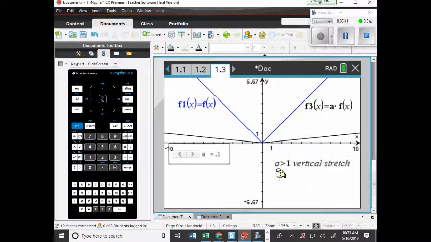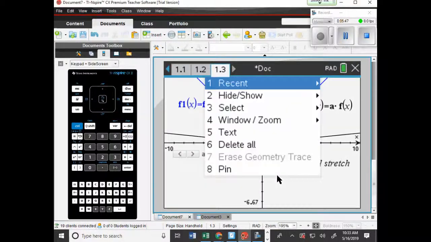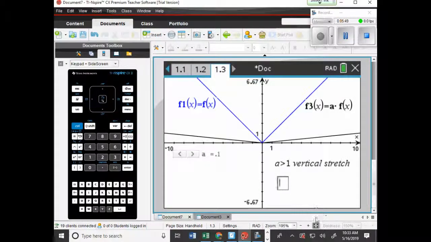So we got 3 things that we know about a. If a is between 0 and 1, you're going to have a vertical compression.